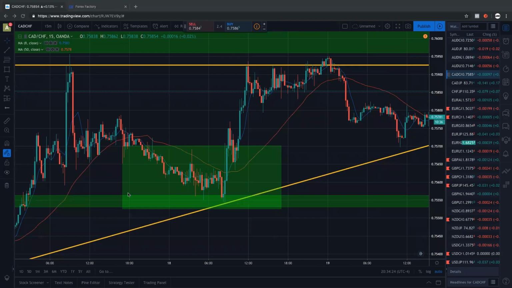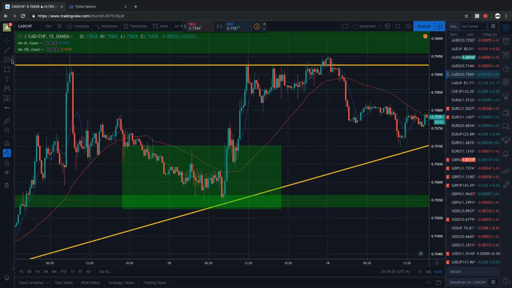So as you look at the 15-minute, you start to see some type of market structure. It's a little bit more clustered, and there's a lot going on, but you can still see it. The easiest way to see it is by taking the brush tool and drawing it out, right?